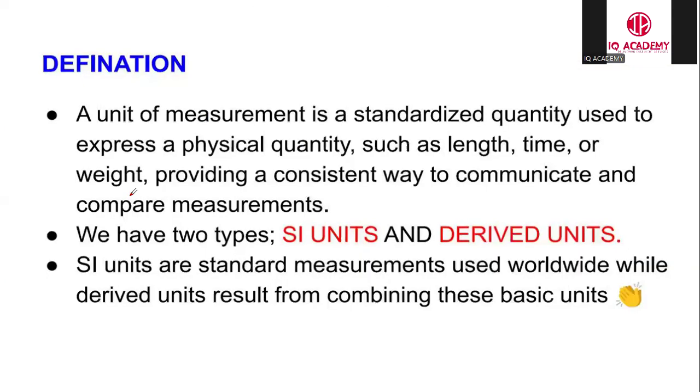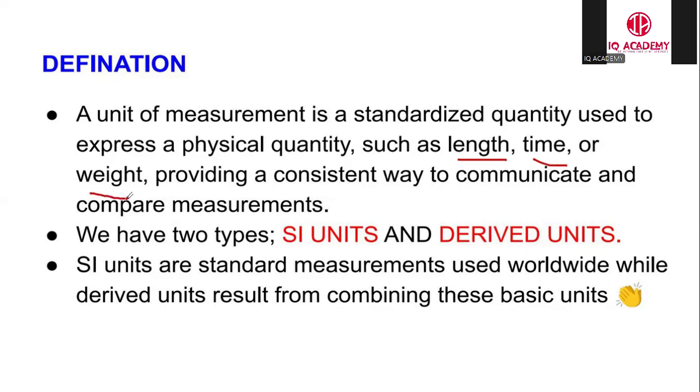And then we can define now what a unit is. A unit is simply a standardized quantity that is used to express a physical quantity. That physical quantity can be length, time, weight, or any other physical quantity.